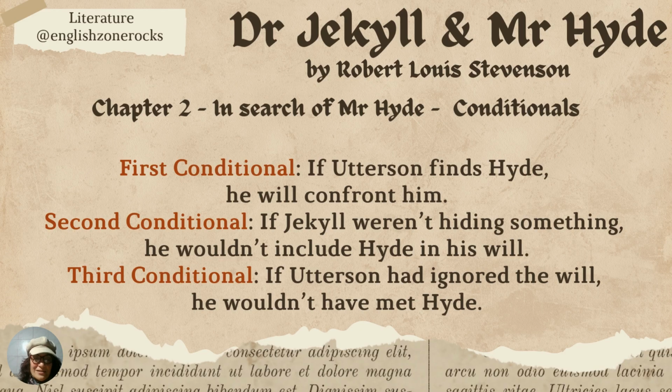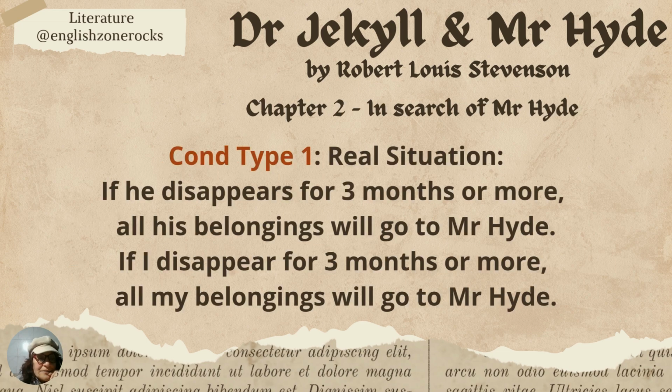If he weren't, you can use weren't instead of wasn't, okay? He wouldn't with infinitive is the second clause, the main clause. The first part is the if clause. And the third conditional: if Utterson had ignored the will, he wouldn't have met Hyde. No se hubiera topado con Hyde. Si no hubiera ignorado, no habría conocido a Hyde.